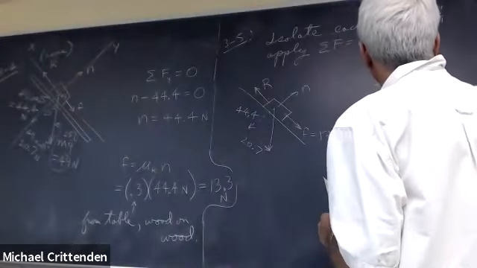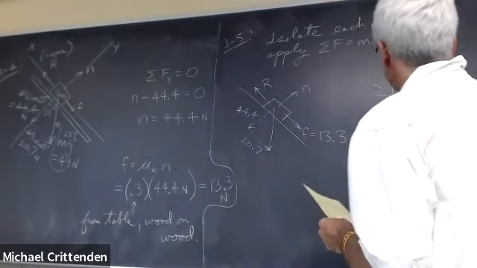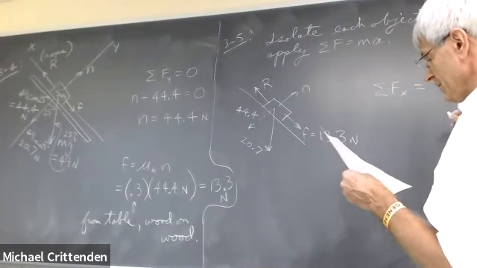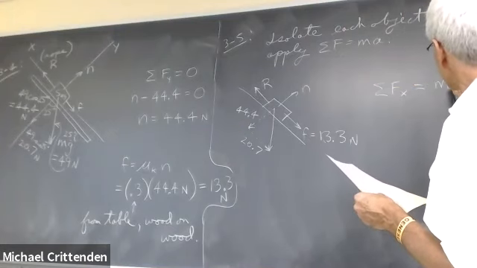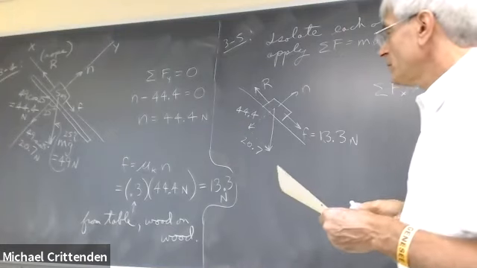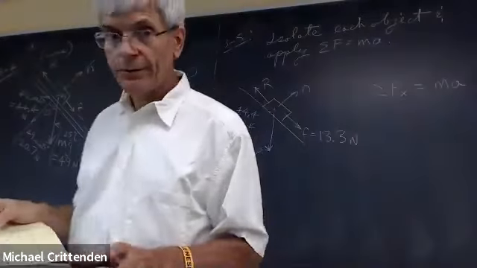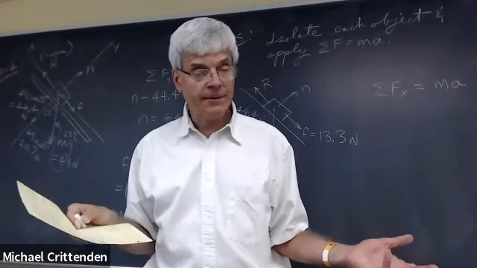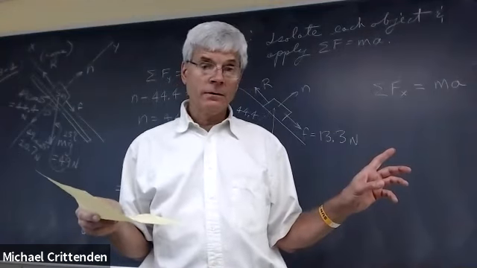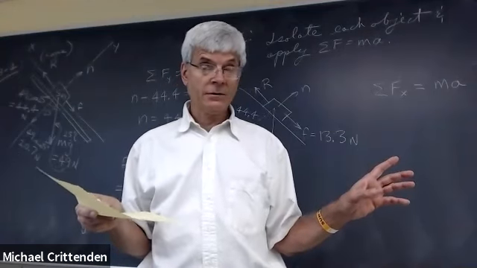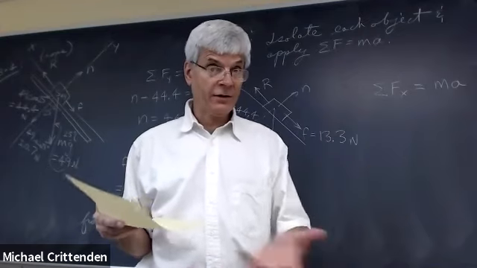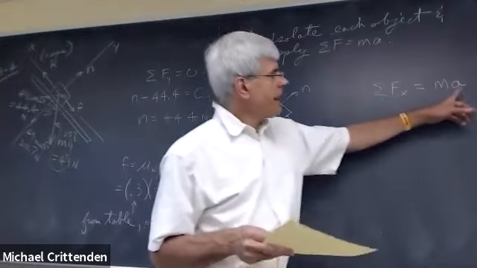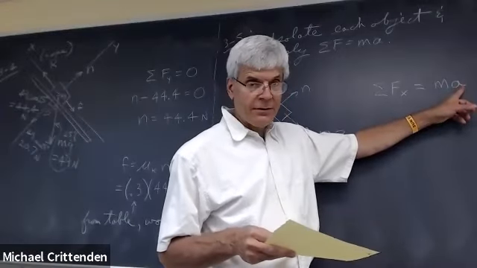So, summation of the forces in the x direction, where x means parallel to the ramp. Before it was sum of the forces in the x equals 0, because the block was keeping a constant speed. Now it's accelerating, or at least presumably it is, because the acceleration is one of the things the question asked for. So a is not 0 this time.